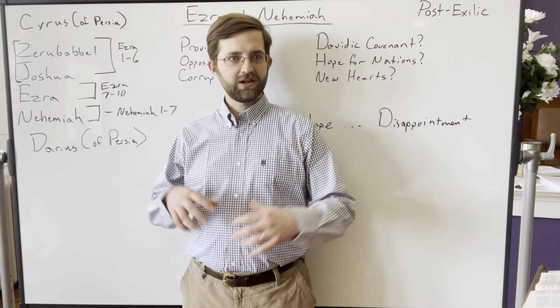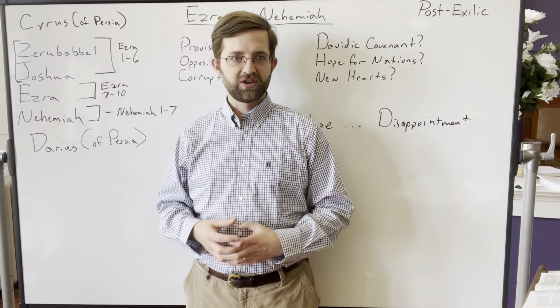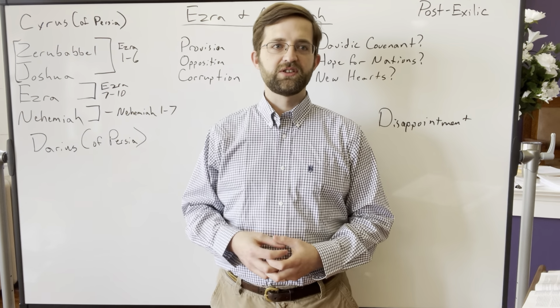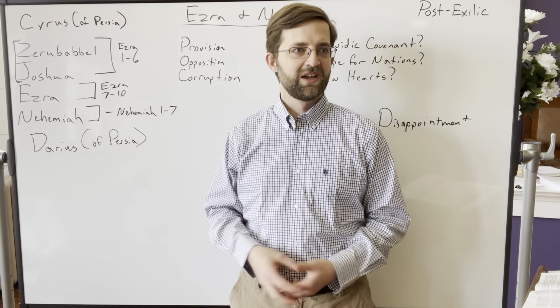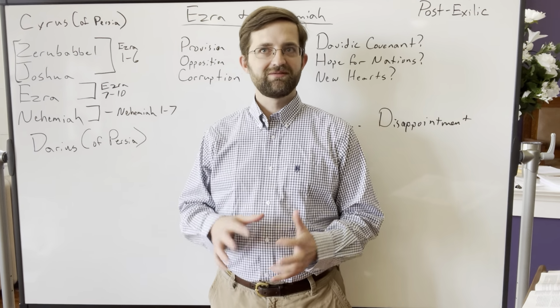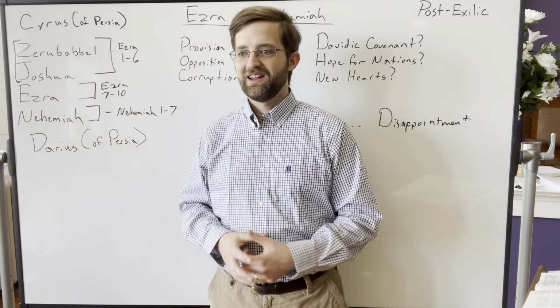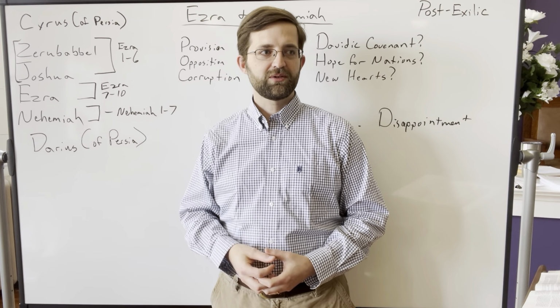And not only that, but we are to pay for the construction of the temple, whatever is necessary, out of the kingdom's coffers. And so the funds will be taken out of the proceeds of the Trans-Euphrates region, which basically means, I like this, it is humorous to me. The governors that complained about the building now have to pay for it out of their own money.